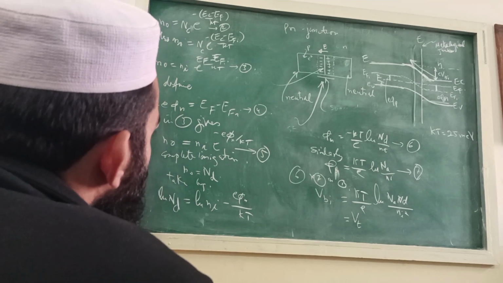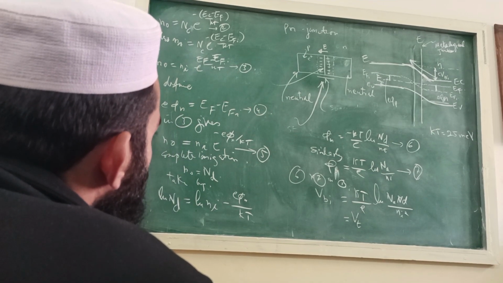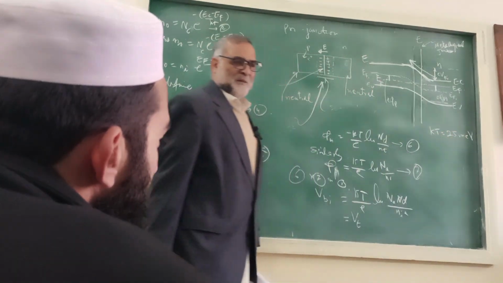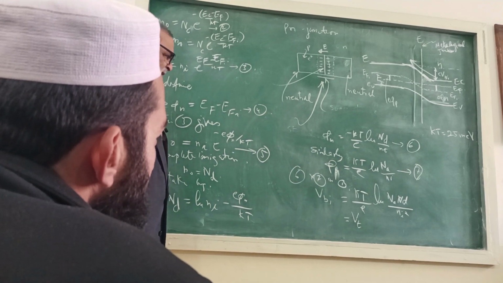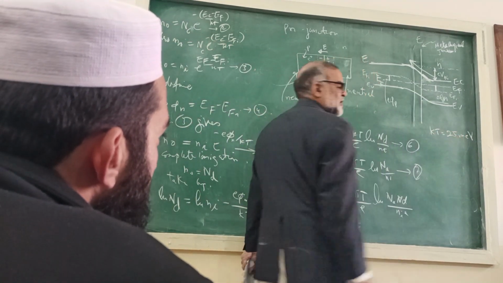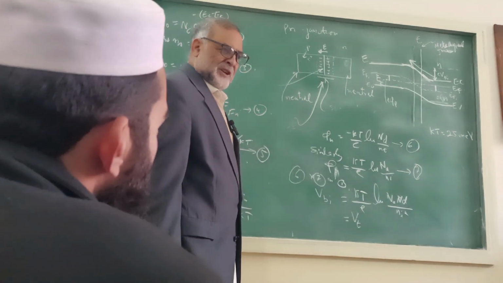This is the normal thermal energy, in milli-electron volts. With kT by E we get the thermal potential.